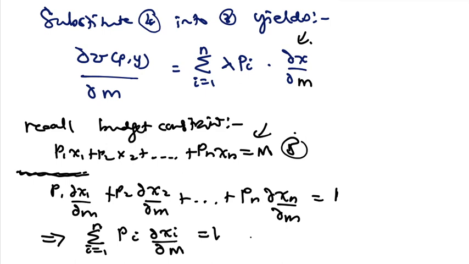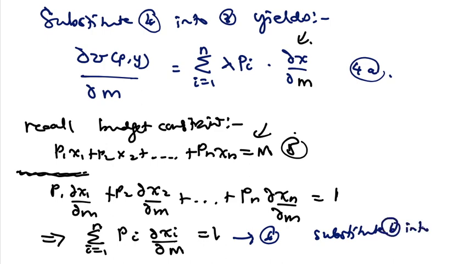Now, we can actually use the last expression here, put it back into this. Okay, so let's call this one A. So what we need to do here is that, let's call this one 6, substitute 6 into 4A, so we can get something like this.